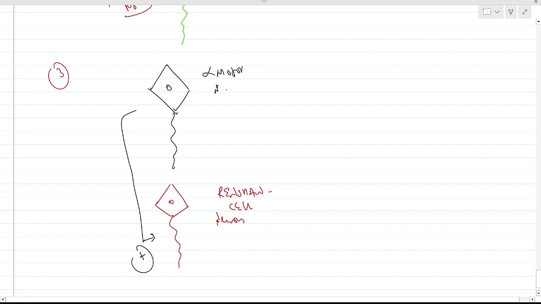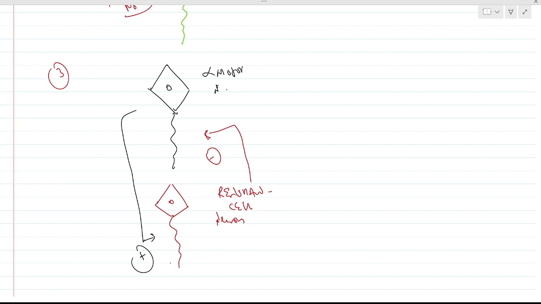But in turn, this Renshaw cell neuron on activation inhibits the alpha motor neuron. Alpha motor neuron discharges the action potential through the synapse to the Renshaw cell neuron, which activates it. But upon this activation, the Renshaw cell neuron, through its mechanism, inhibits the alpha motor neuron.